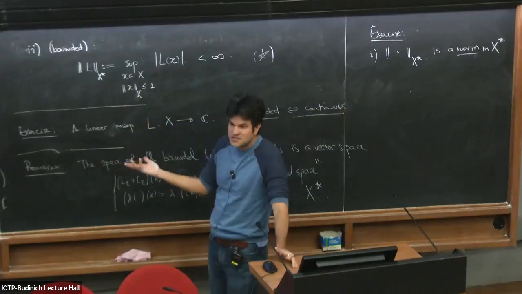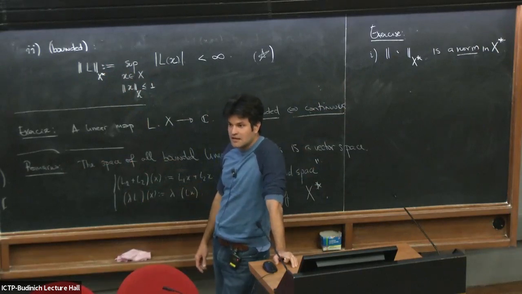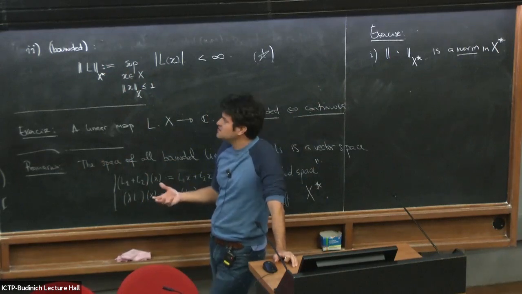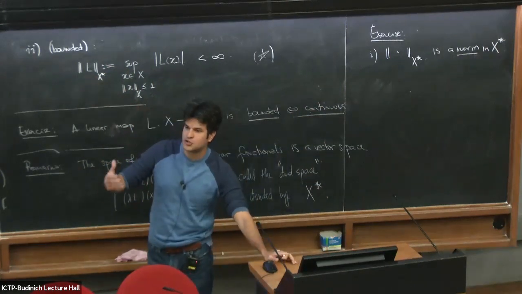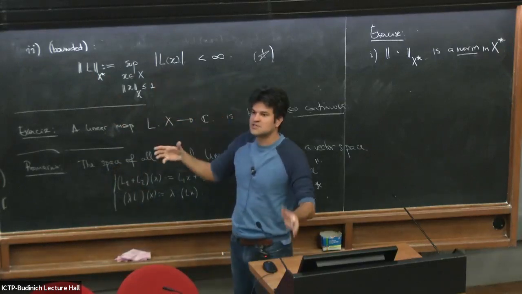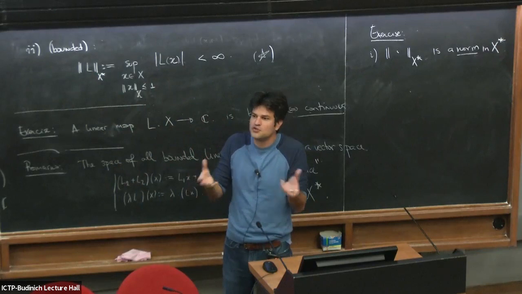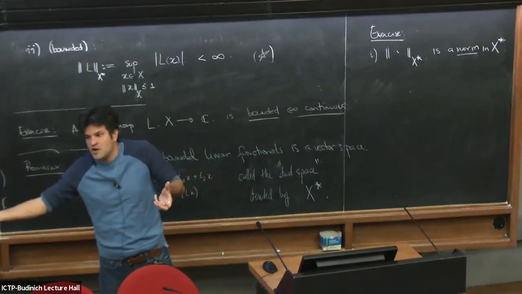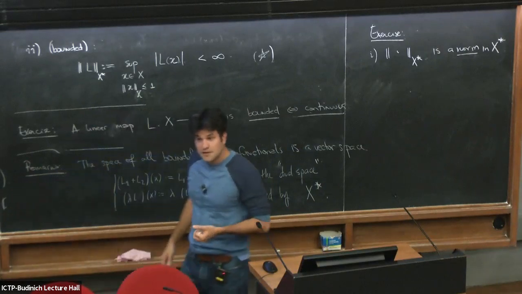So L is the 0 functional because of the linearity. Then you just have to verify the triangle inequality. The norm of L1 plus L2 is the supremum of the modulus of L1 plus L2 of x, and you just use that the supremum of a sum is less than or equal to the supremum of one thing plus the supremum of the other thing separately.